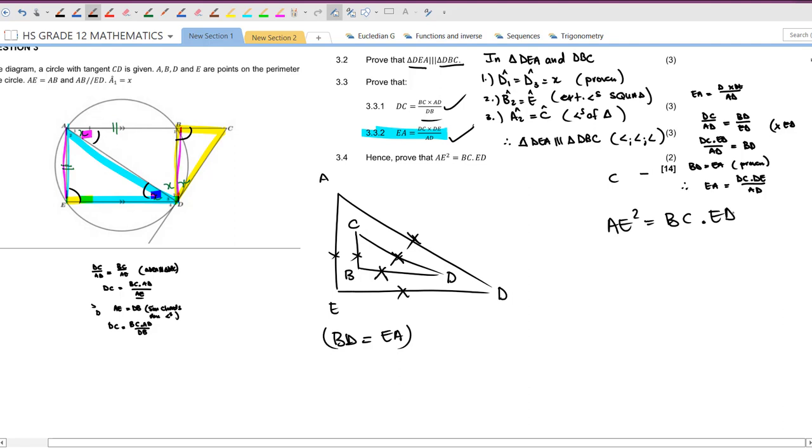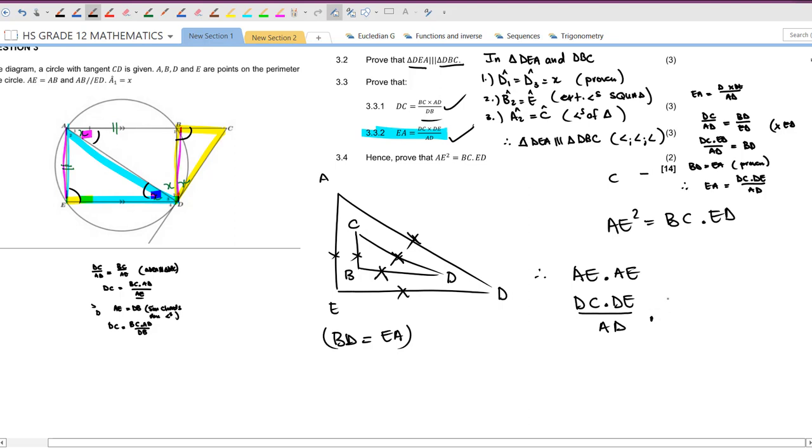What I'm going to do, I've got AE already, or EA. So I'm just going to say AE times AE is AE square. And I've got one AE there. What is AE? Well, according to what I've just done, AE is DC times DE over AD. And then I'm going to multiply it with another AE.